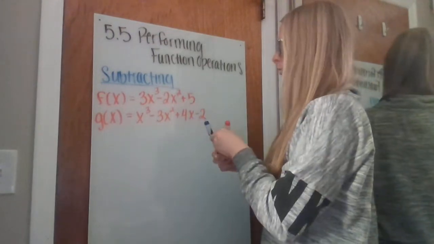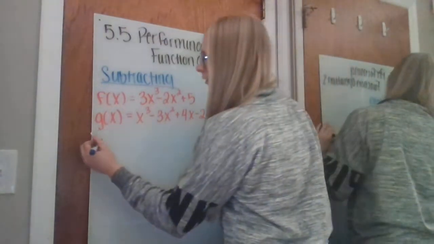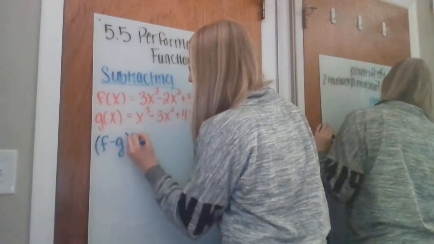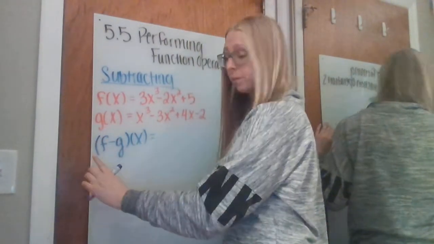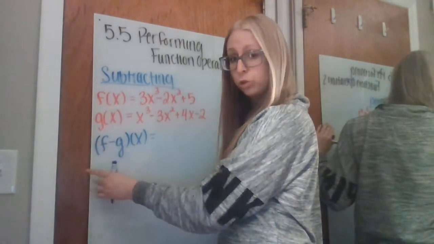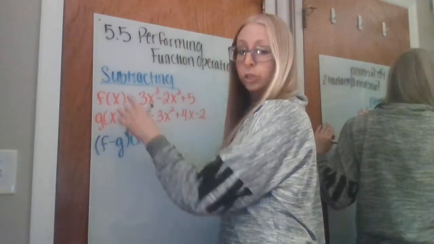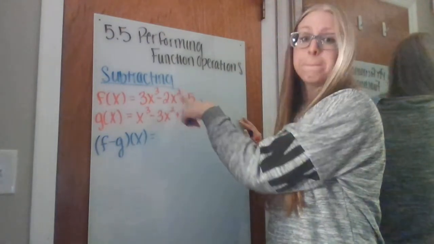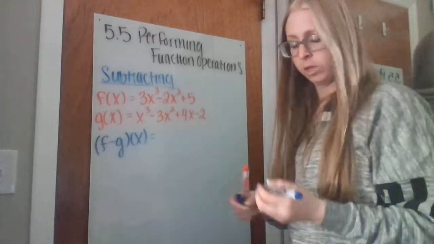And I want you to find for me f minus g. Now you have to be careful when you're looking here, because sometimes they don't do f minus g, sometimes they do g minus f, and they try to trick you. So you have to make sure you're doing the order in which they want. They want f minus g, okay?